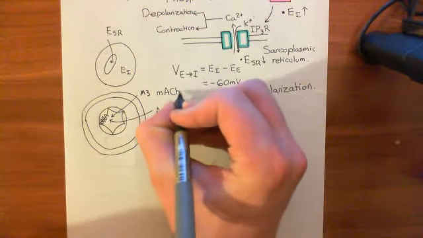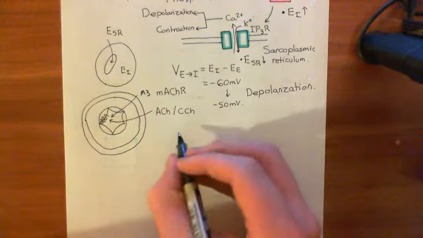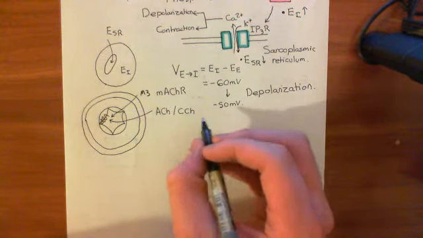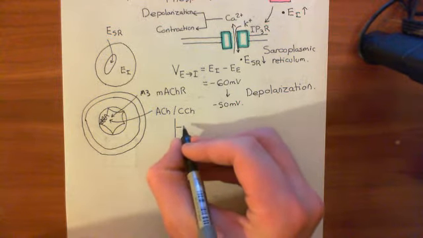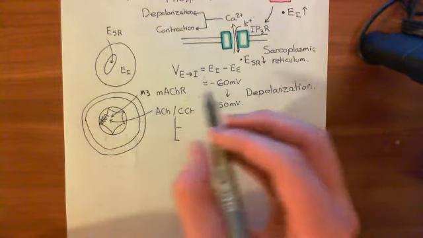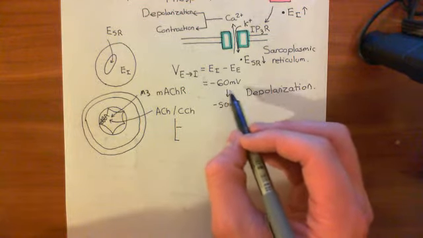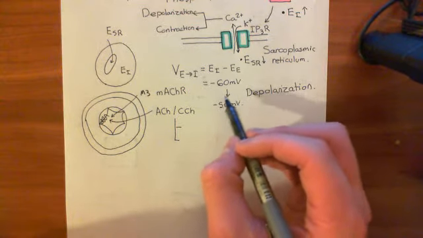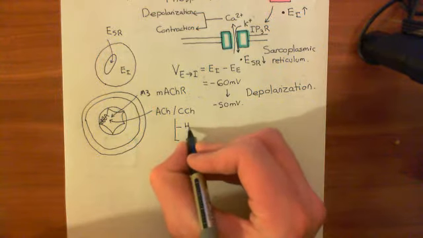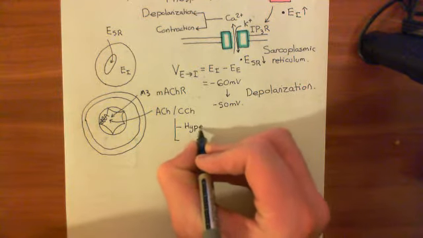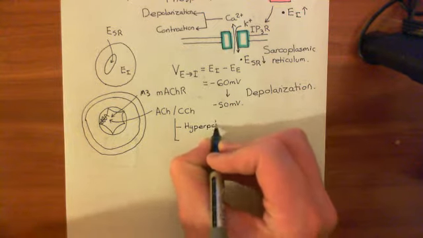What you find is that, just as Bolton et al. observed, it causes hyperpolarization of the muscle cells, so it has a hyperpolarizing effect on the electrical potential difference across the membrane of the muscle cell. And then you also see a relaxation of the smooth muscle cell.